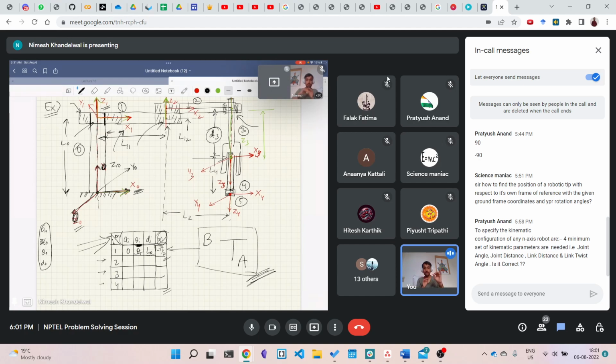So 4 is not the minimum. The minimum is decided by your number of variables: how many independent parameters you need to completely define the configuration of this robot or any machine or any system. Is that fine?